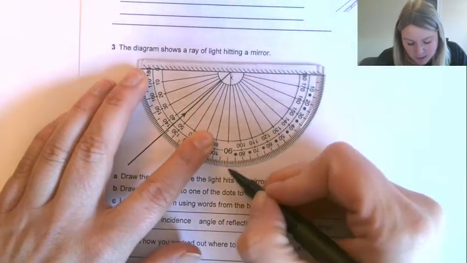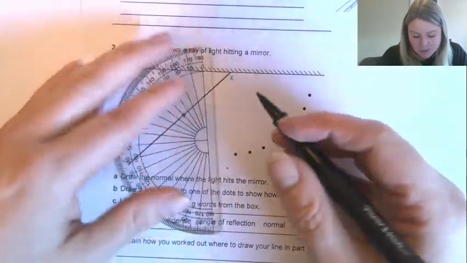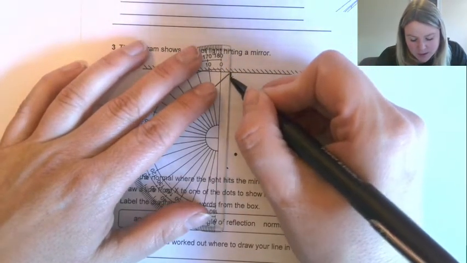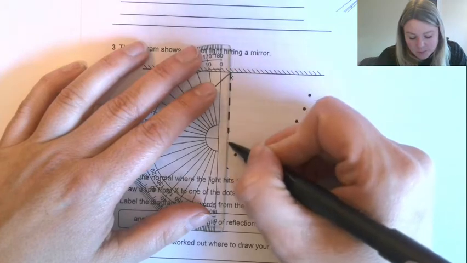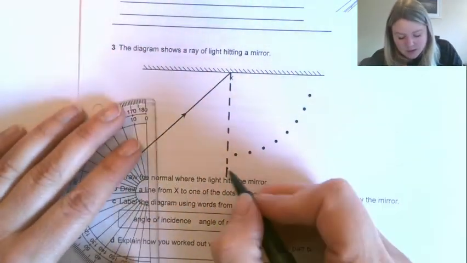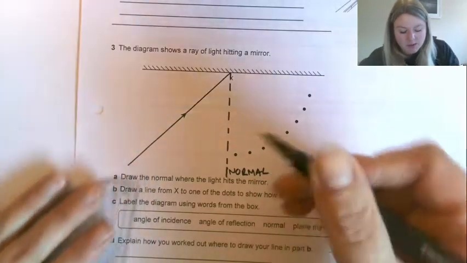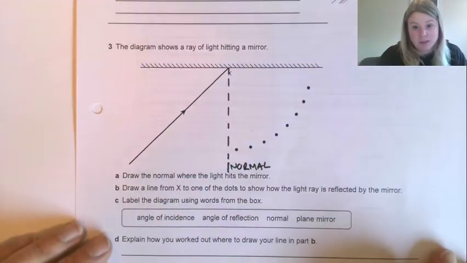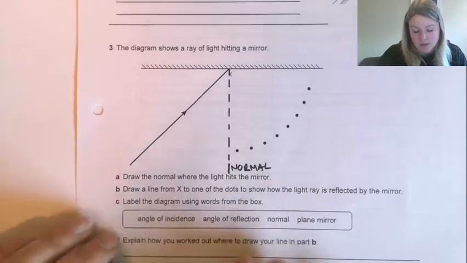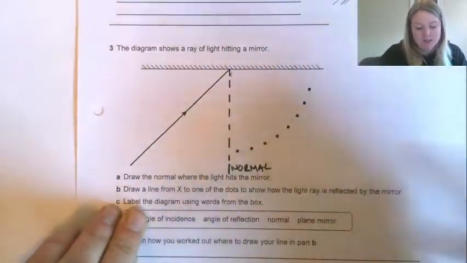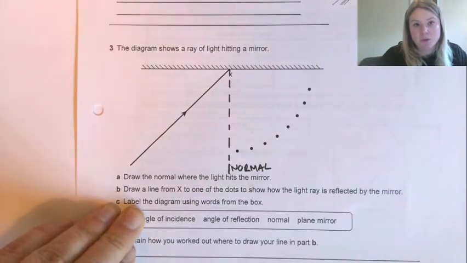Then I can put a mark at 90 and mark on the normal. The normal generally will be drawn with a dashed line. That will make the rest of the question a bit easier. Then you use the rule that the angle of incidence is equal to the angle of reflection to figure out which one of those dots the ray is going to go through.